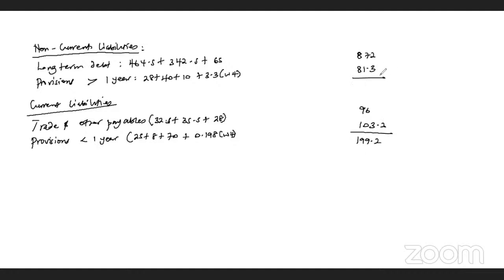Then non-current is 953.3. So when you add all that, what do we get? We get total equity and liabilities.